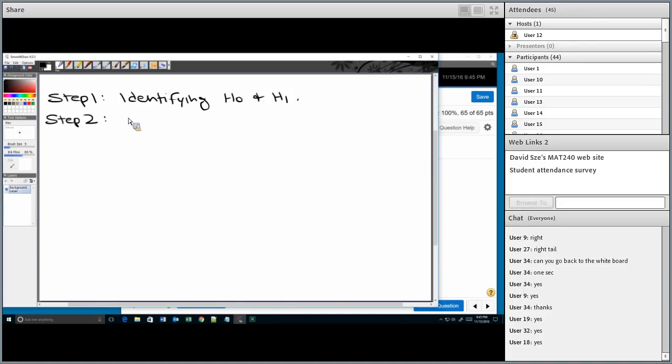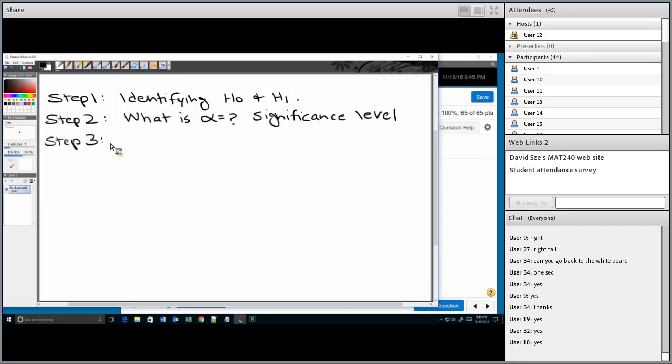Step 2 will be what is alpha? Alpha is called the significance level. And don't worry about it. As we do problem 7, I will tell you what this is.